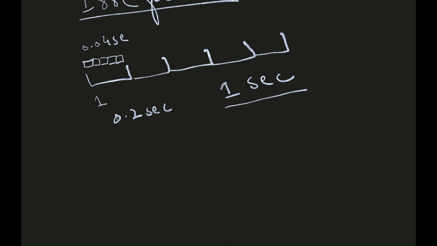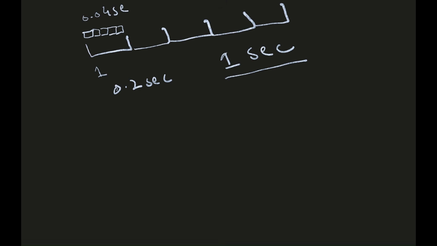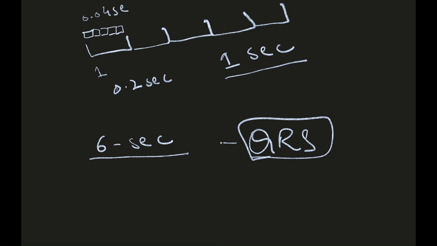Now we have two methods of calculating the heart rate in an ECG which has an irregular rhythm. Take a 6-second rhythm strip and count the total QRS complexes in that 6-second strip.